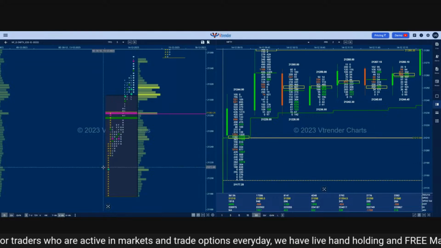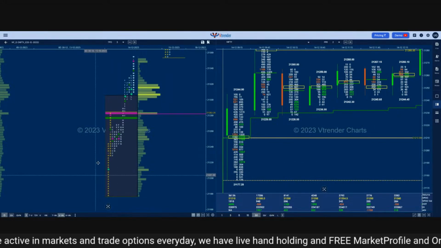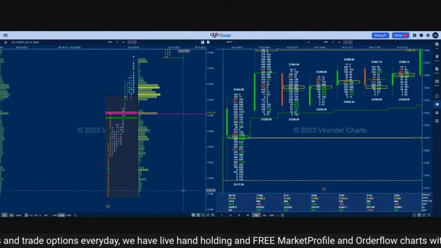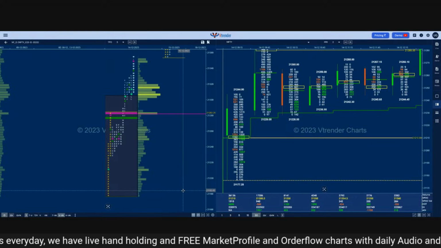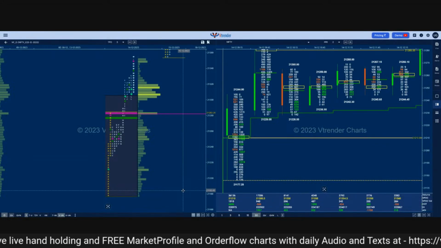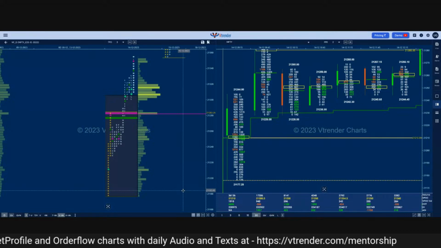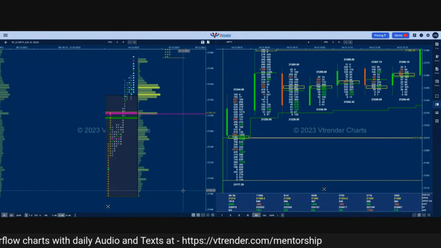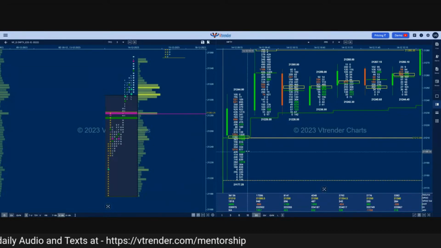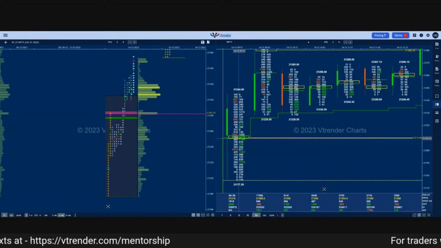Here you can see in the market profile chart, we have this A period tail. An A period tail means initiative activity, and we have already had a big gap up from the previous close. Whenever we have a gap up, most of the time we see profit booking, but that was not the case on this day because we saw greens continuing.